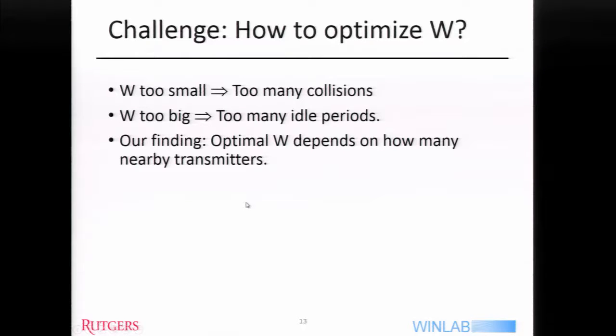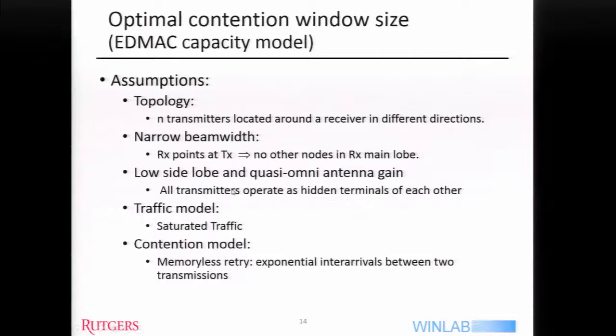Later on in our analysis, we found that the optimal contention window size only depends on how many nearby transmitters there are. So we have several assumptions to develop our capacity model. We assume there will be n transmitters around a receiver from different directions, and we also assume the beam width is really low.